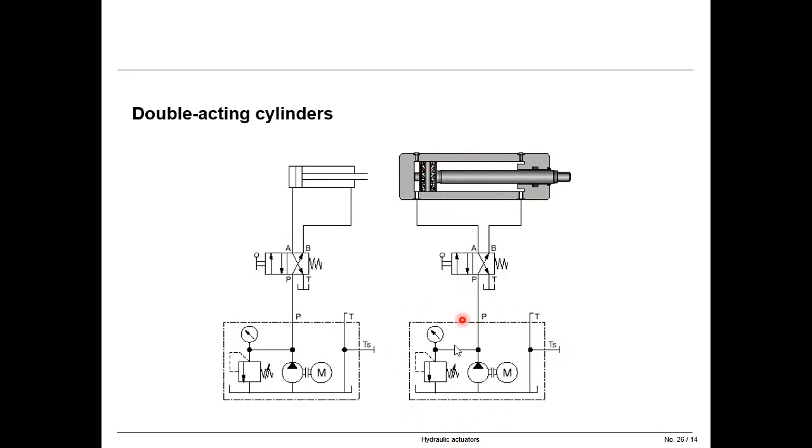And this is the power unit we learned, and in the power unit we have the electric motor and pump, and here we have the pressure relief valve to adjust the pressure to a certain level. That means a level which is safe for the whole system.